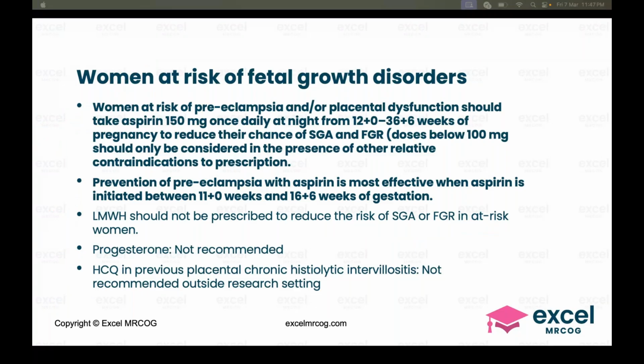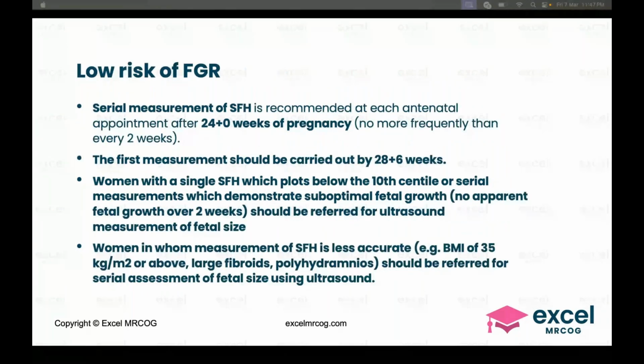Okay, let's come to low risk women. So what is low risk? The general population. In other words, women that do not have any risk for FGR.